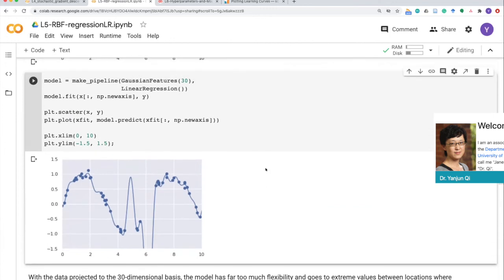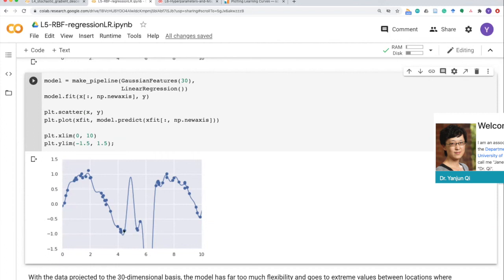Wow. After you change it to 30, suddenly the fit becomes so bad. At some points it's actually better than before, but at other points it's just so bad. Look at this, it has this kind of bell shape that looks like it comes from nothing, right?